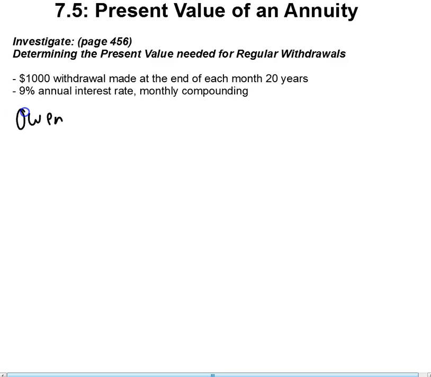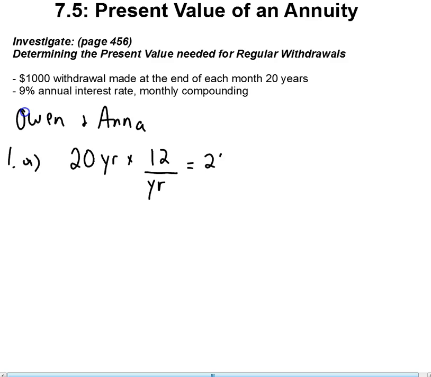And the first few questions we're asked just have to do with some of the minor details here. In 1A, we're asked how many withdrawals have Owen and Anna planned for. Well, 20 years at 12 times per year is going to be 240 withdrawals.